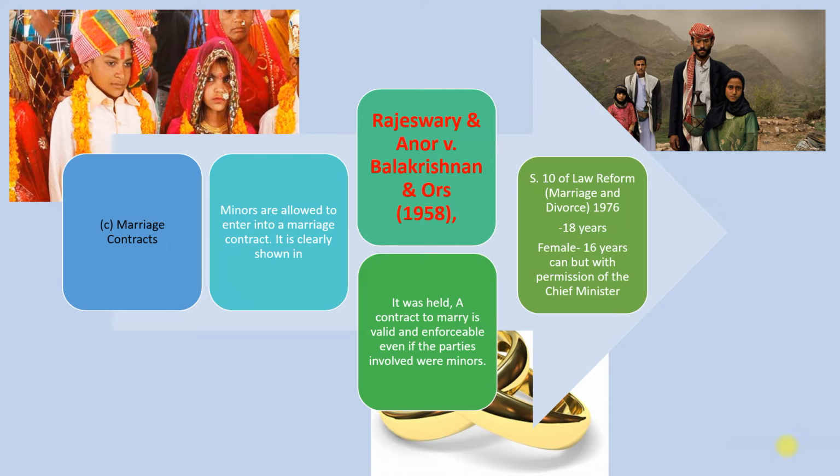But for females, this is only for females, they can actually marry under 18, but must be 16 years old, provided that the female must get the permission of the Chief Minister in order to get married. So for male it is 18 years.